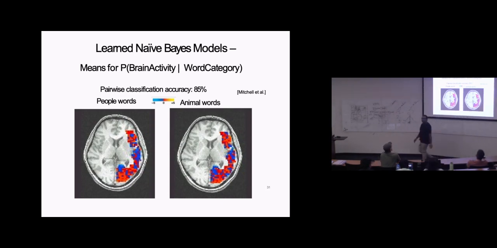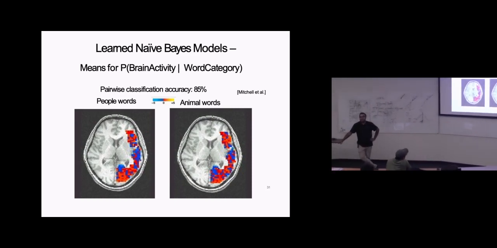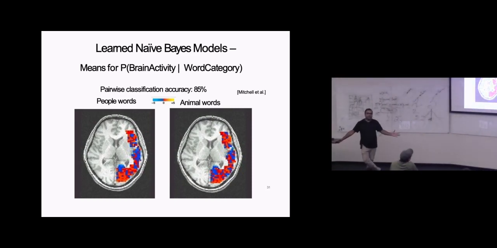And you can try to read minds with that. They showed that the pairwise classification accuracy was around 85%. It may not be the right setup, it may be very cherry-picked words with a small set of people, but that actually shows the power of AI, quote unquote machine learning.